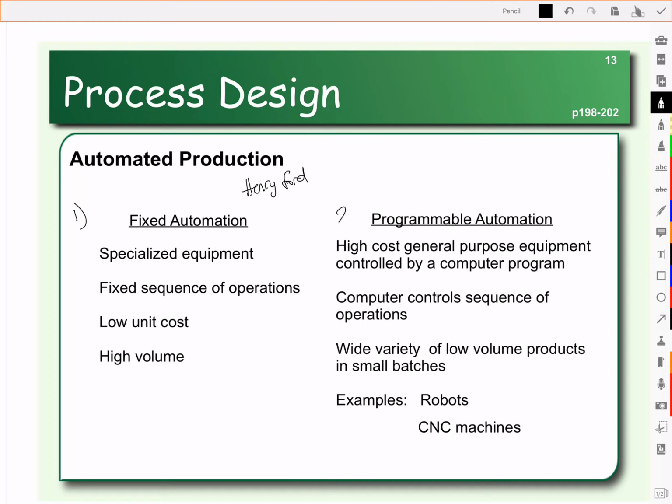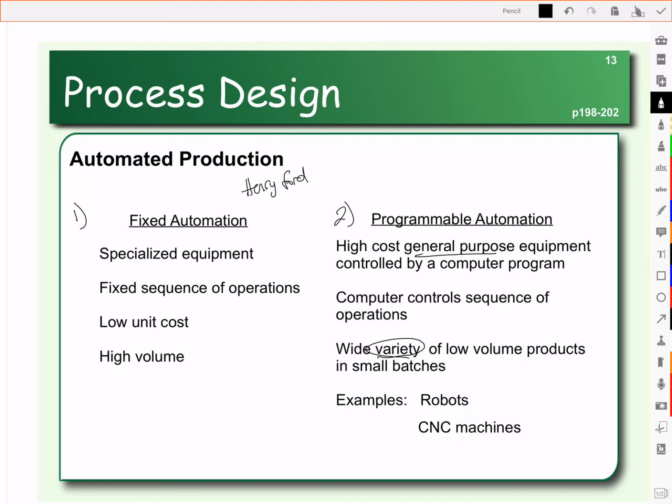Well, then came the idea of programmable automation. With programmable automation, we can make our machines smarter. Instead of having very specialized equipment, we can have more general purpose equipment, and we can put a computer chip inside of the machine and have a computer tell the machine what to do. This allows us to increase the variety a bit.